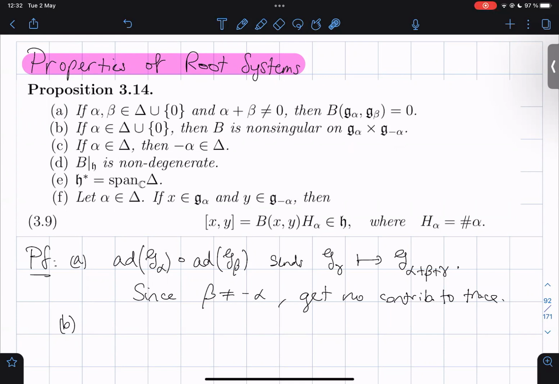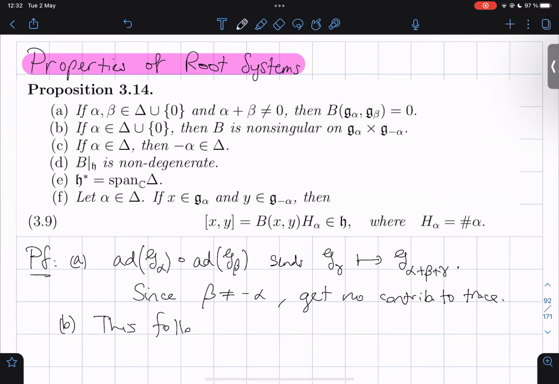But we already know from part A that the other pairings are all 0, and we have the root space decomposition. So the only thing left that could potentially be non-zero is G minus alpha. But we also know that B is non-degenerate, so there has to be something non-zero that pairs with it.